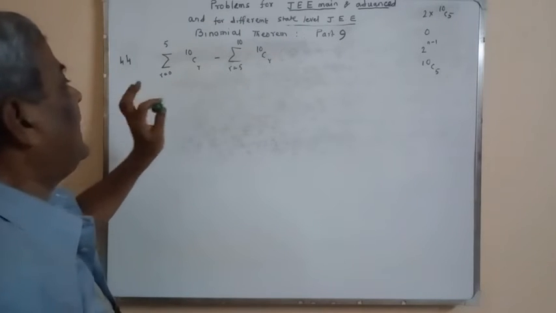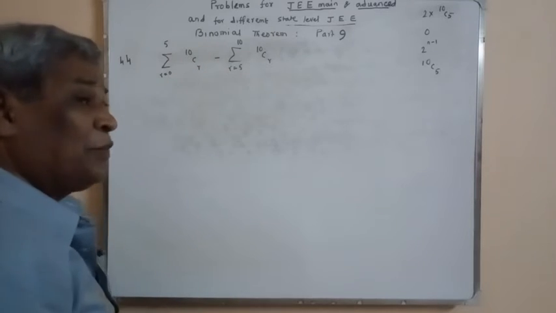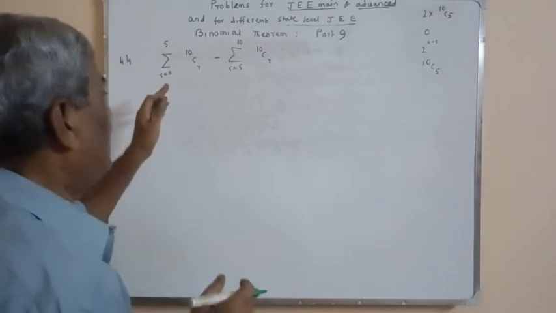Now to find, there are actually 6 terms, and there is another 6 terms. We have to find their sum.